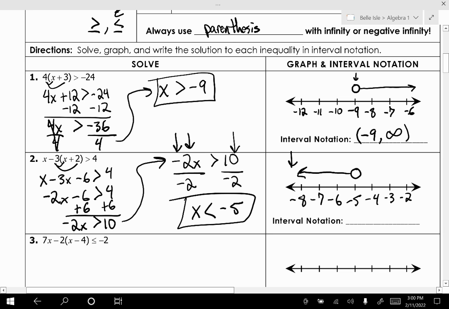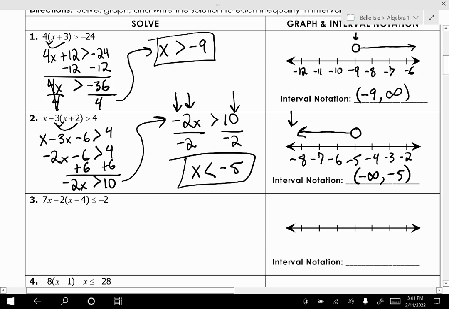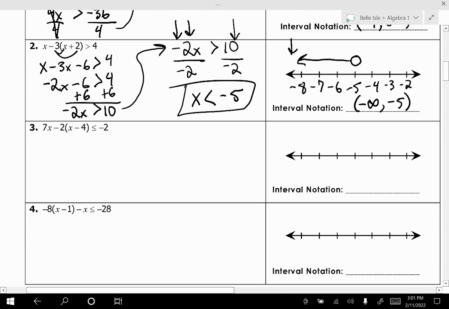Following that arrow all the way to negative infinity. And then our high value being what? Negative 5, with parentheses because it's an open circle. Okay. I would like for you to try 3 and 4 on your own.